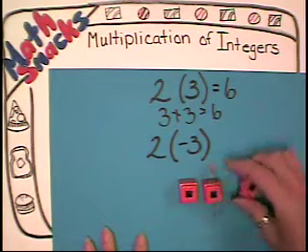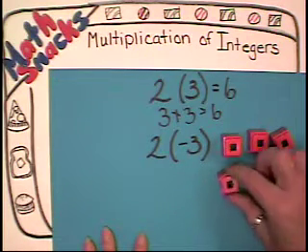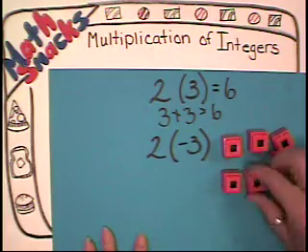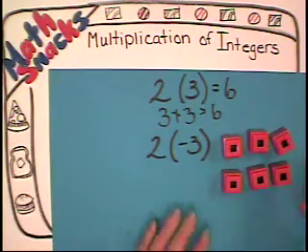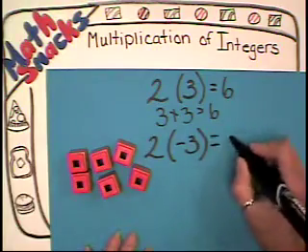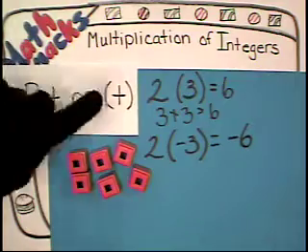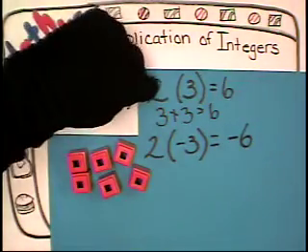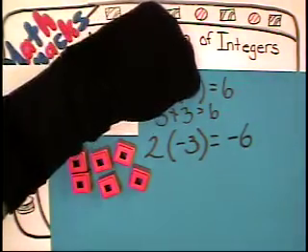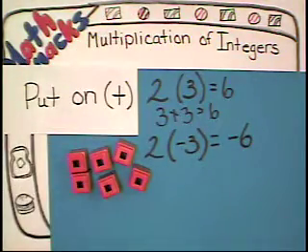So I'm going to put on 2 groups of negative 3, or add negative 3 and a negative 3, and I end up with, this time, a negative 6. Okay, so in both of those problems, we were putting on positive groups of 3 and putting on 2 groups of negative 3.